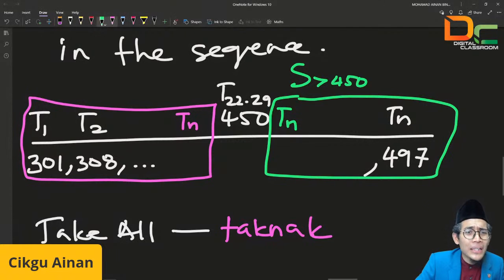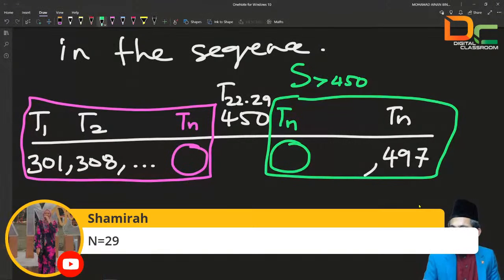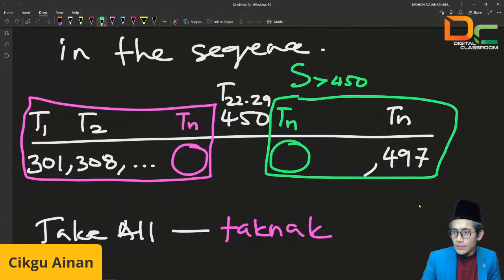Macam mana nak cari? Senang aja. 450 we know cannot, so we try a smaller number. 449, divide by 7. Dapat tak? Tak dapat. Okay, now we keep decreasing. Dapat?